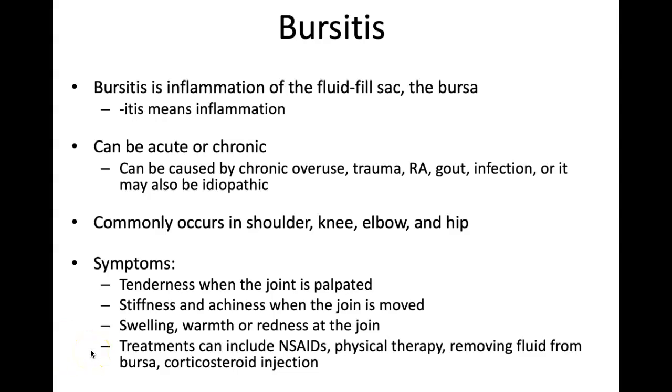The symptoms are typical symptoms that you're going to see with injury: tenderness, stiffness, swelling, achiness. The joint could be warm or red, and treatment typically is going to be with anti-inflammatories, non-steroidal anti-inflammatories, something like Advil, physical therapy, things like that.